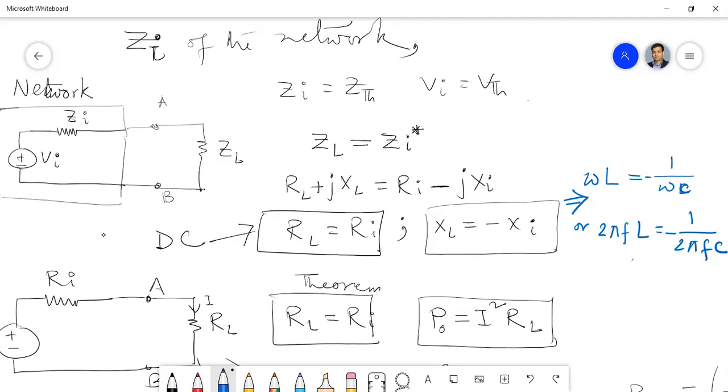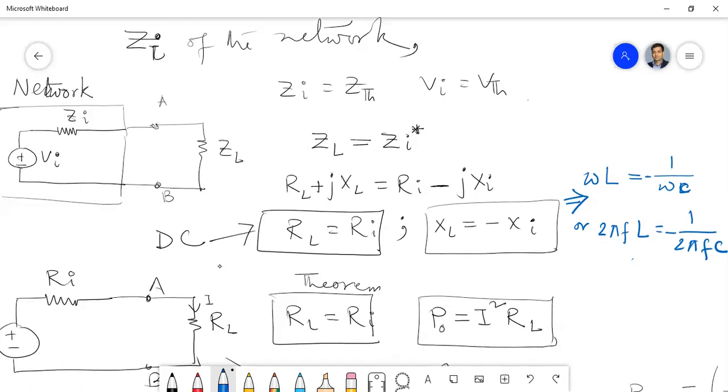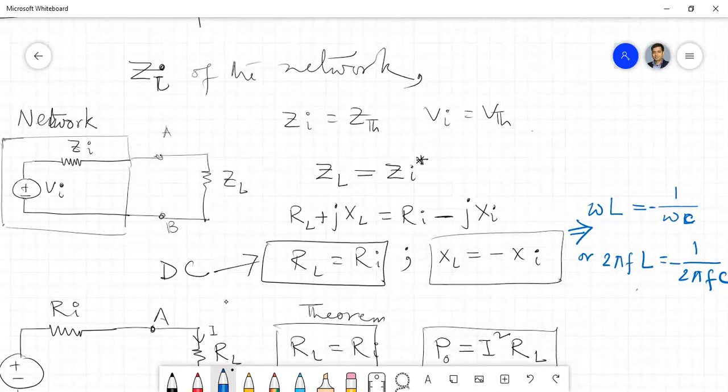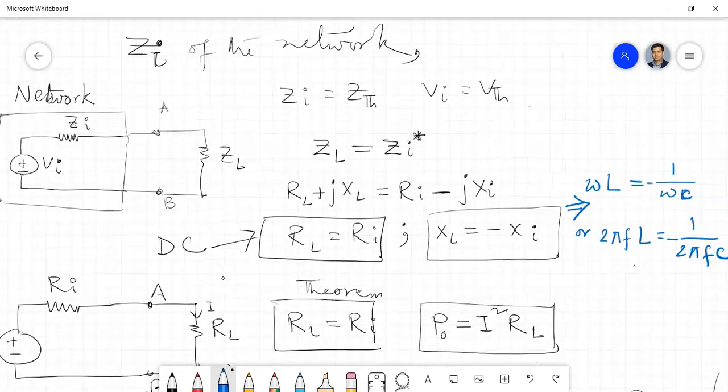Now take the condition where both the things are real. That means both the load part and the internal circuit have only the real part, only the resistance. Then what will be the condition? Sir, the internal resistance must be equal to the external resistance.